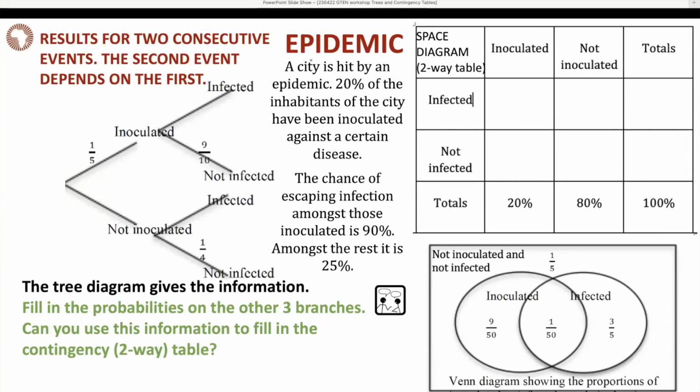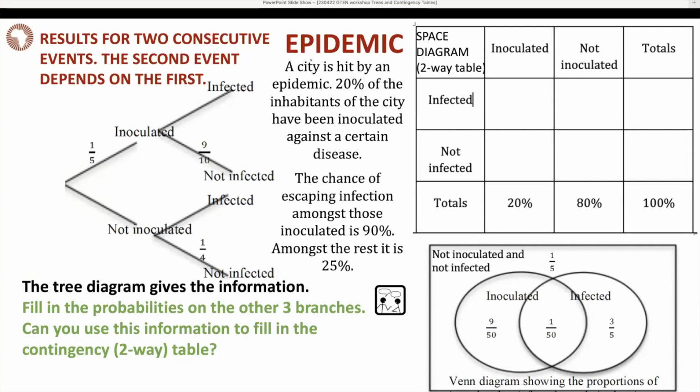And always remember to put the not inoculated and not infected outside, within the rectangle. And that's your 20% of the inhabitants of the city who are not inoculated and not infected. That's the fifth. But the ones within the rings also add up to 4/5 if you work that out. We'll come back to that.